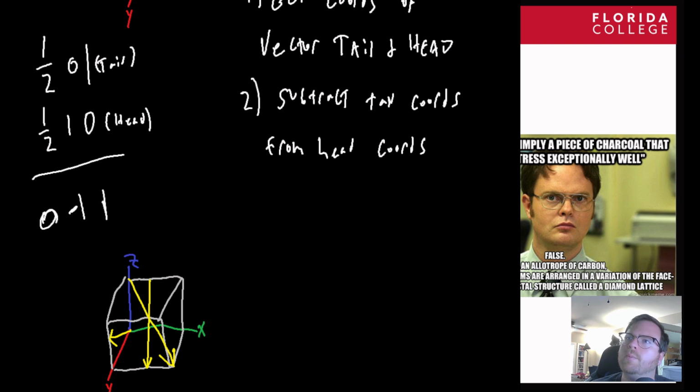It'll be 0, 1, minus 1. Which makes sense because we're starting at the tail, ending with the head. Okay, that makes more sense.